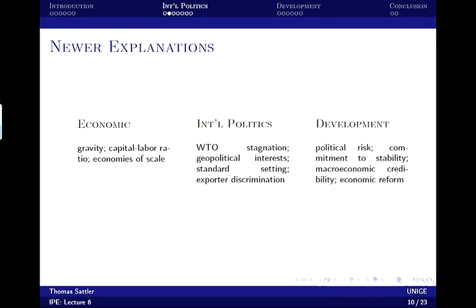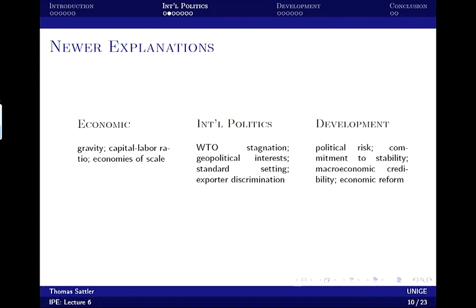And in the second half of this session today, we're going to talk about the purpose of preferential trade agreements to contain political risk, which is important for the development strategies of many countries today. So note that different explanations apply to different preferential trade agreements.